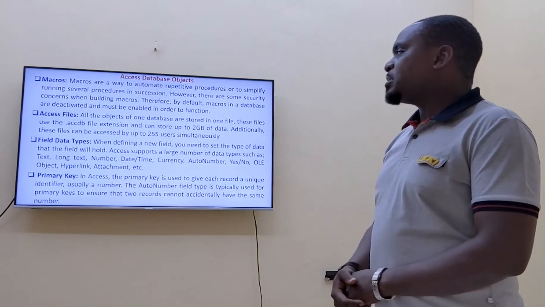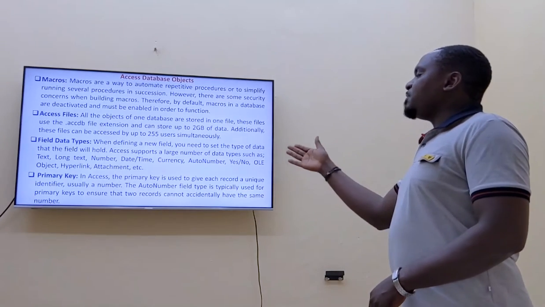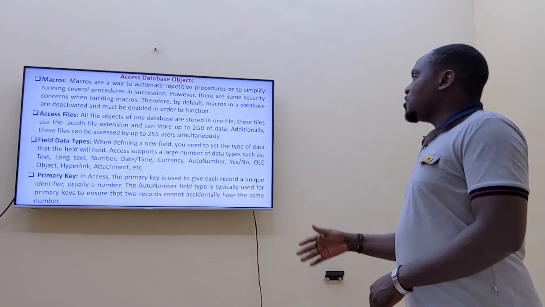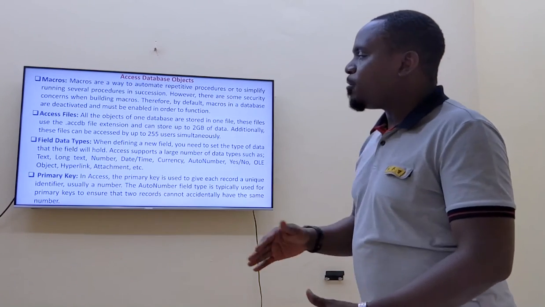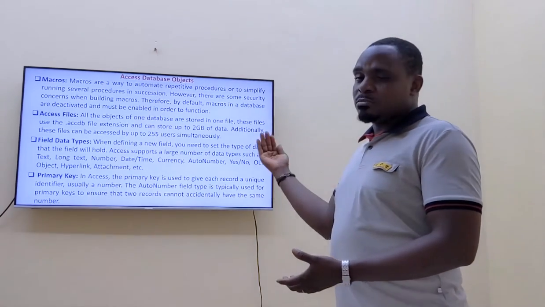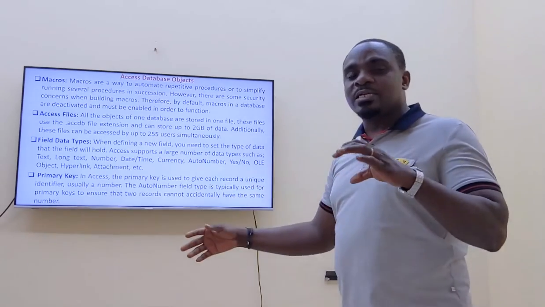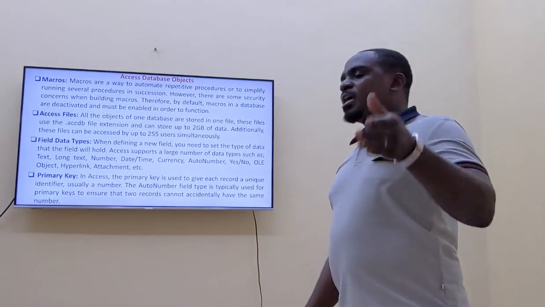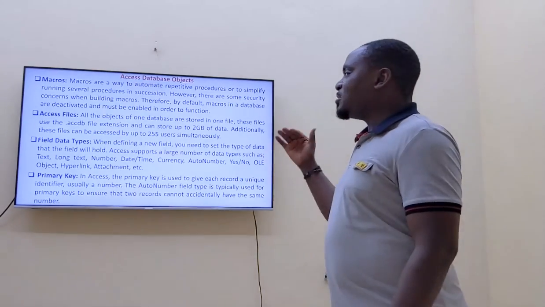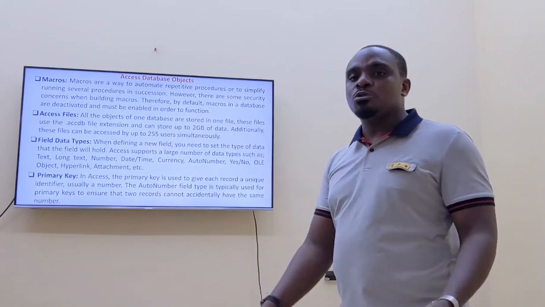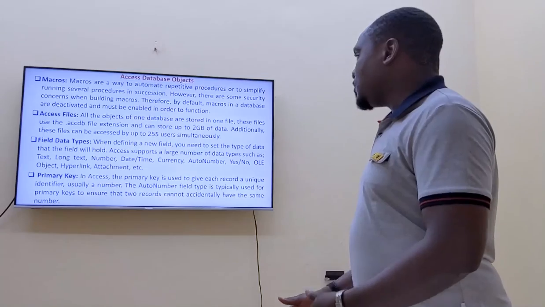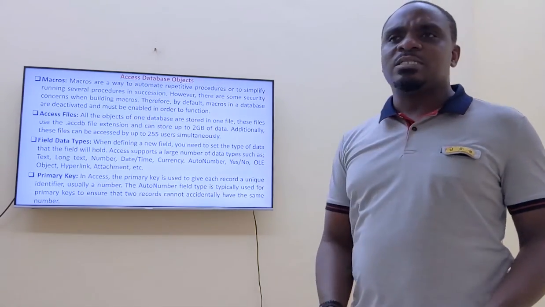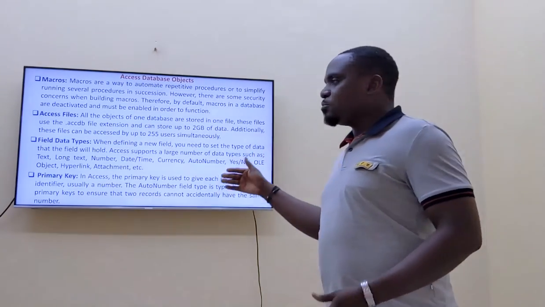Then we talk about data type. When defining a new field, you need to set the kind of data type that new field will carry. Just like we explained earlier, every field has its own data type. So we have different kinds of data types that every field must carry.